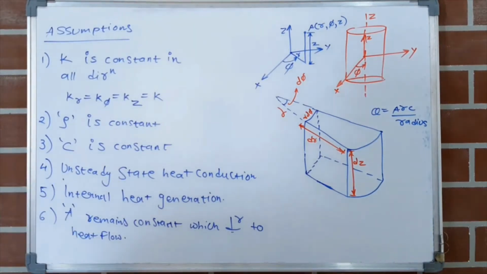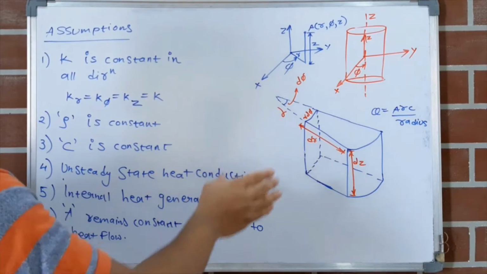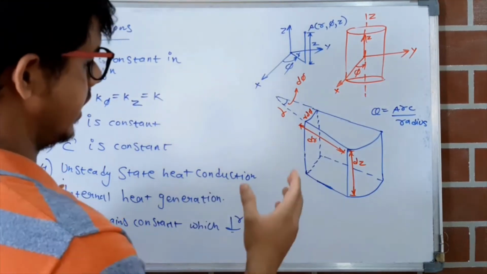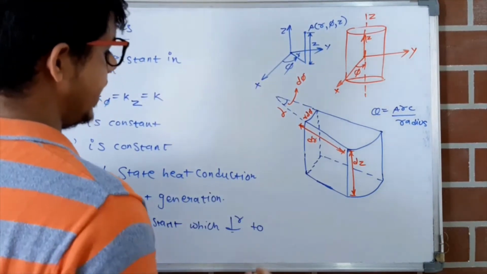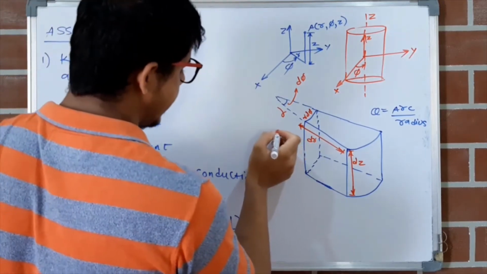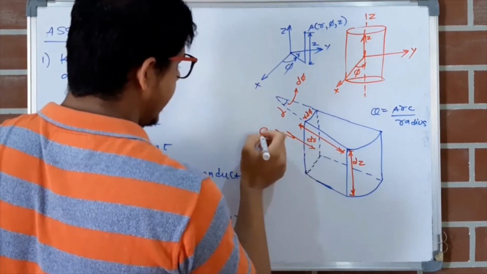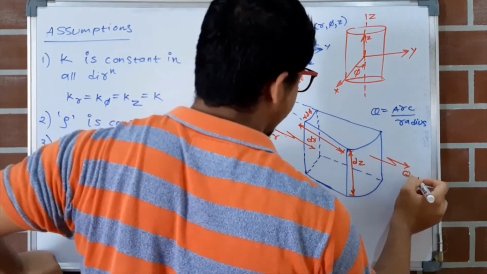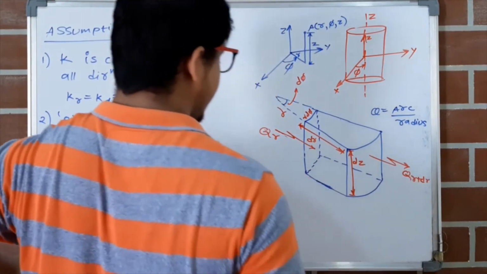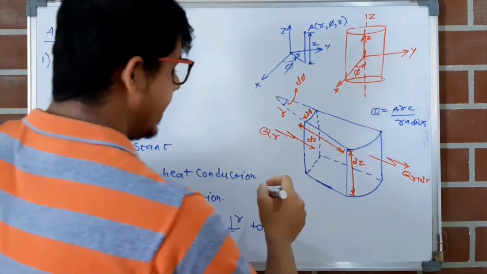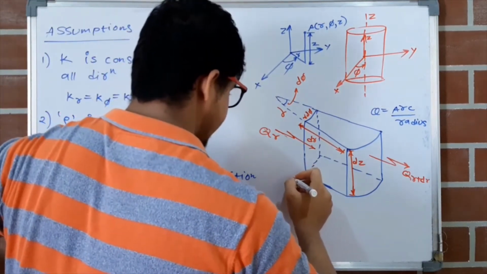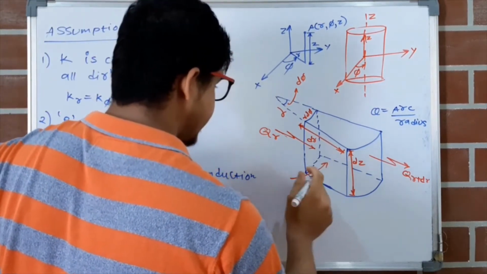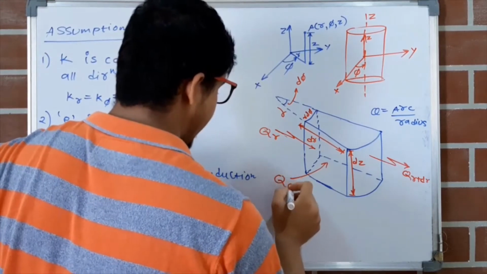Okay, now we will see the heat which is entering and leaving this element. First the heat is coming in the radial direction, that is here, it is Qr, and leaving will be Qr plus dr. Now heat entering in the tangential direction, here, is Q phi.